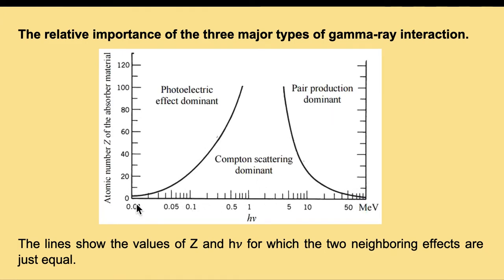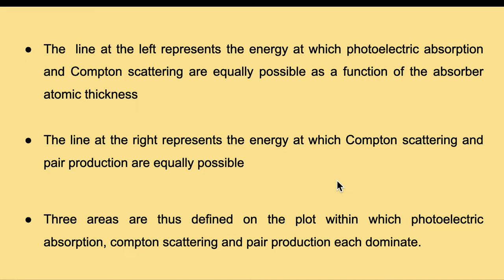And we have mentioned that at all energies, Compton scattering is possible. But here, photoelectric absorption is dominant only at lower energies and pair production at higher energies. And you can see that this axis is energy in MeV. So only when the energy is greater than 1.02 MeV is pair production possible.